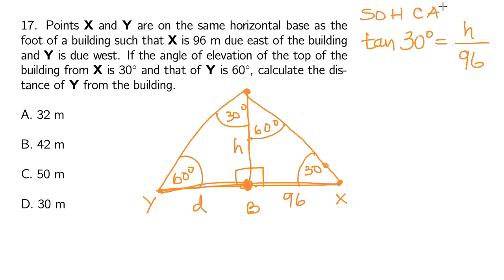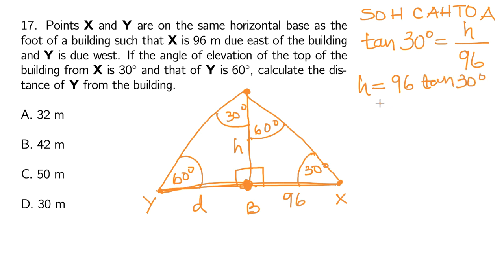So here we are using SOHCAHTOA, if you recall that. The tangent is the opposite over the adjacent. So the tangent of this is the opposite, which is H, over the adjacent, which is 96. So from this we can get H equals 96 tan 30 degrees.